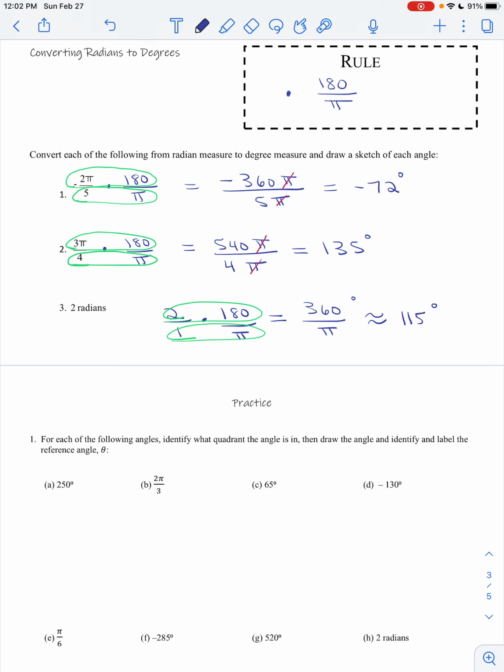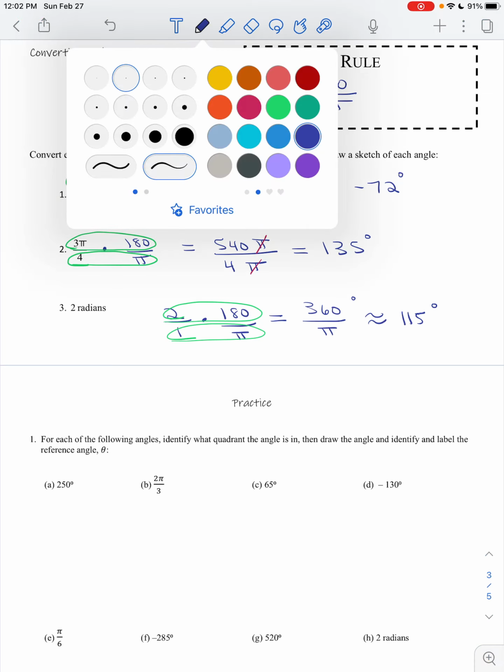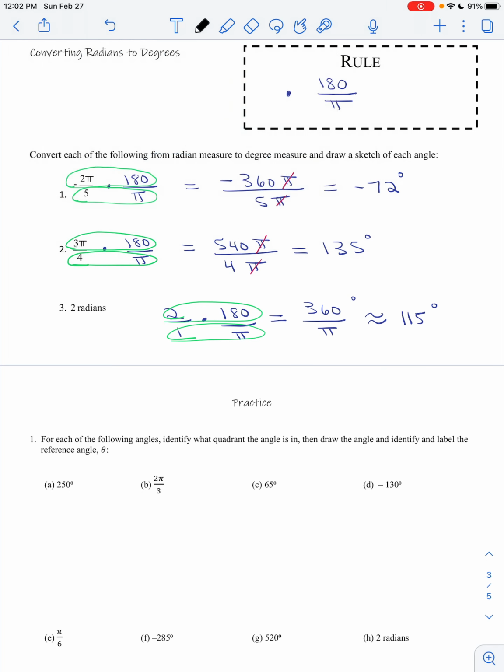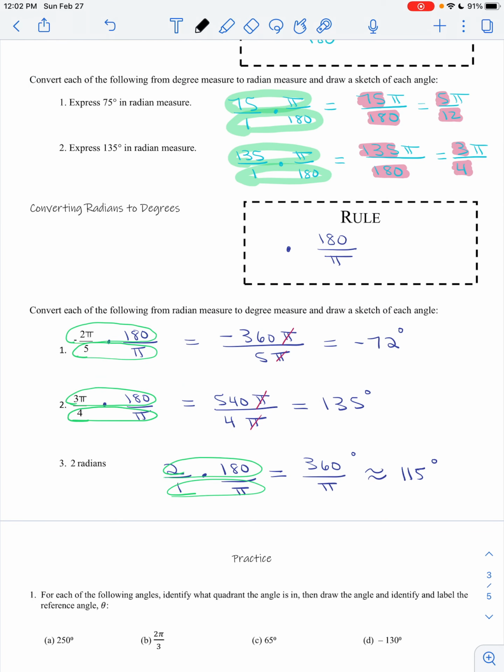Okay. They also asked you here to draw a sketch of each angle. So now that we converted, I'm going to draw a sketch. I just realized I forgot to sketch the first couple too. So let's go back and we'll sketch all of them.